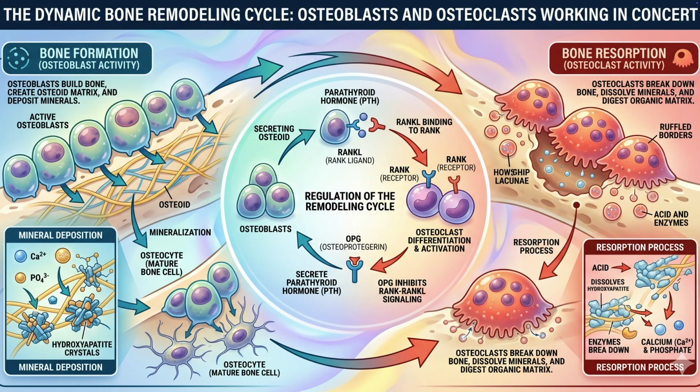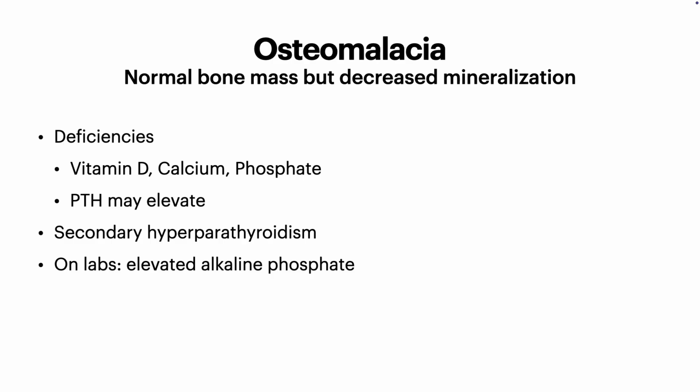So osteomalacia, normal bone mass but decreased mineralization. So you can have deficiencies in vitamin D, calcium, phosphate. Probably vitamin D may be the most common, I would say, because you can have patients that can't absorb vitamin D, or they have chronic kidney disease.